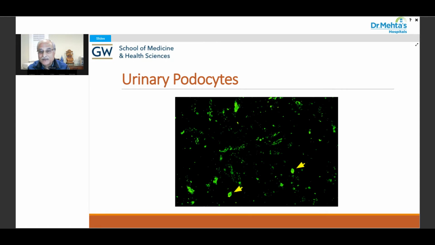And these are the same stained fragments in various casts that are present in this particular urine. So you can actually see podocytes by special staining in the urine, but they're very, very difficult to quantify, even under the most sophisticated circumstances. So they're not useful.